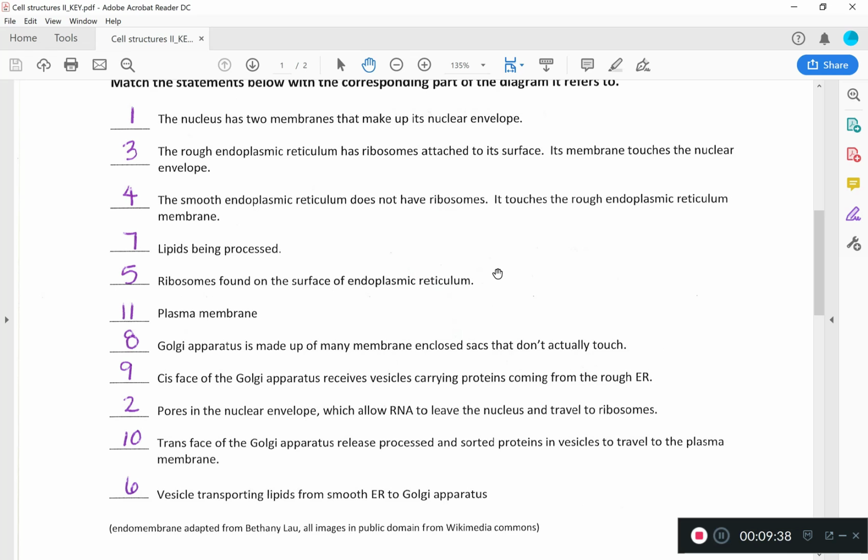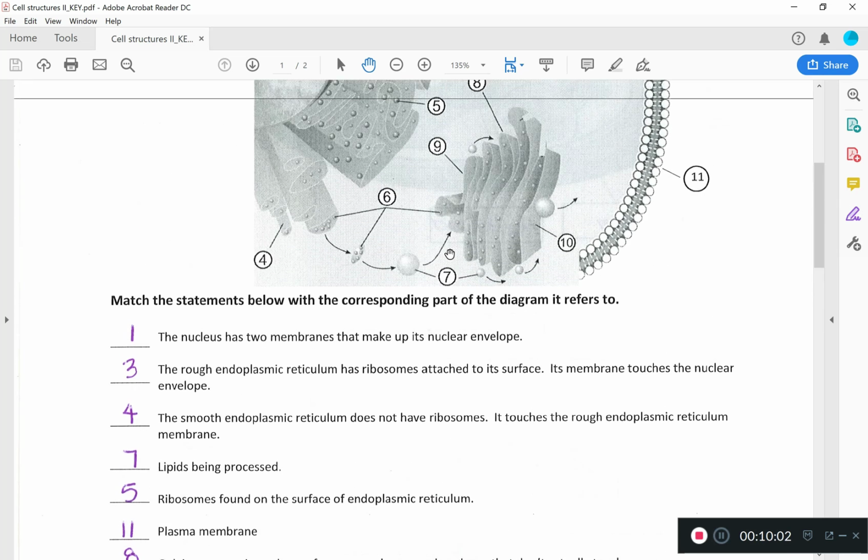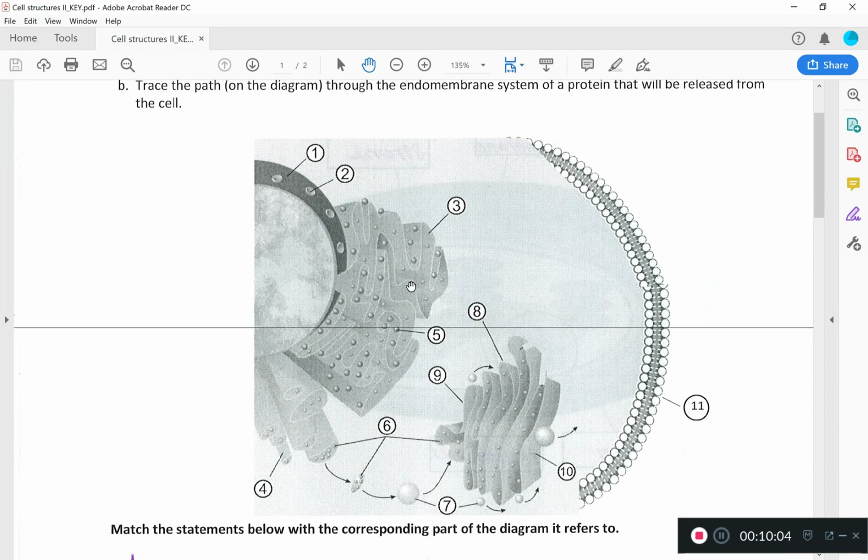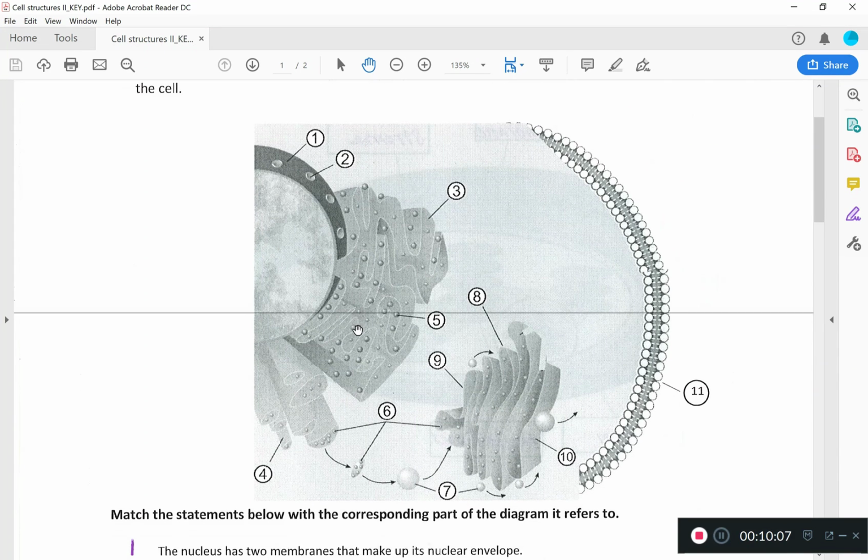Some of these you can condense a little bit, which is perfectly fine, but definitely know that we start in the nucleus, and then from the pores on the nuclear membrane, that will allow our RNA to leave the nucleus to travel to the ribosomes. And then from there, depending on which direction you're going to take, according to our picture, it took the direction of going through the rough ER.